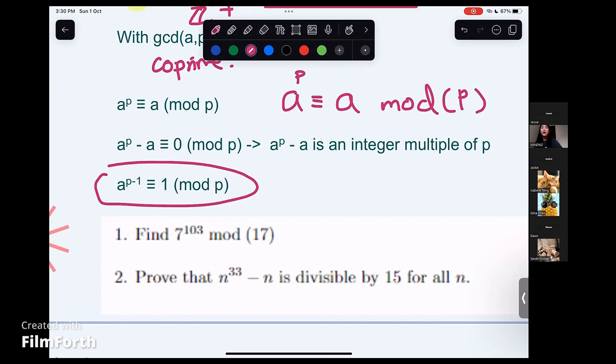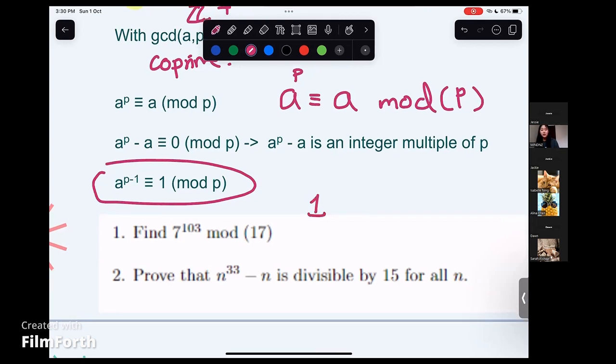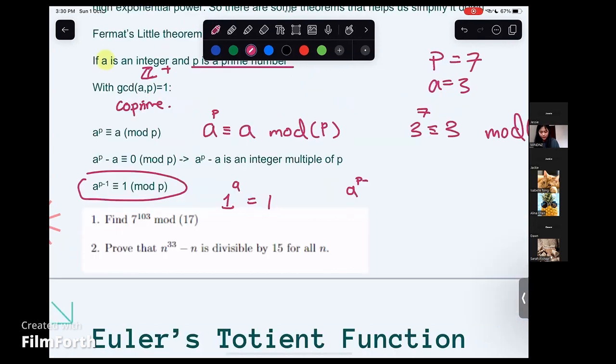Yes, so 1 to whatever power, it doesn't matter how high the power is, it can be a huge number, it's always going to be equal to 1, right? And this is a very useful part, because now if we wanted to know what a to the power of p minus 1 squared is congruent to mod p, what would that be?